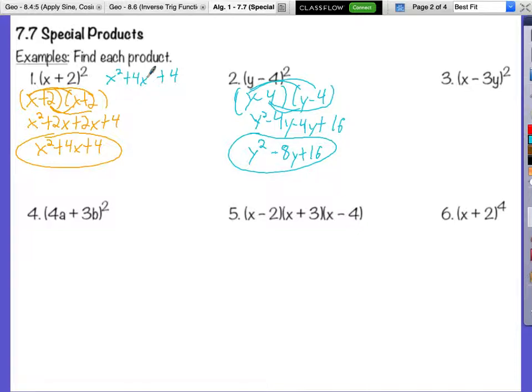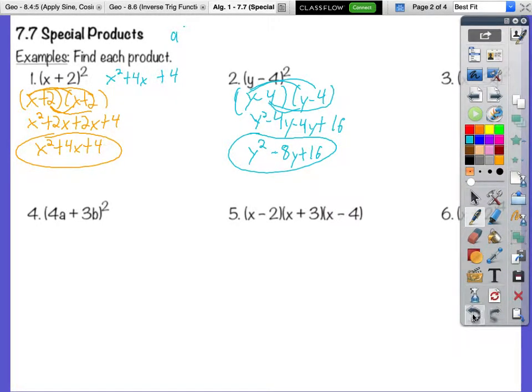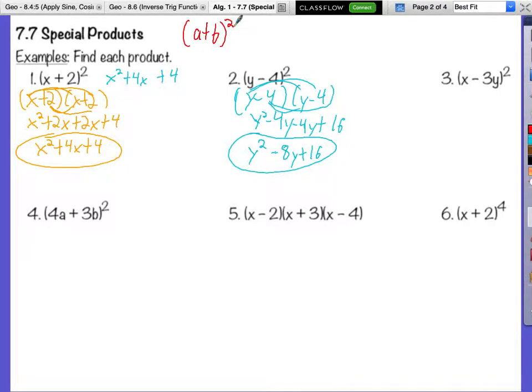So it ends up being a pattern, whenever we have, say, for any a and b squared, this can be any numbers, you end up getting your a squared and your b squared at your ends, and you have double whatever your AB is.